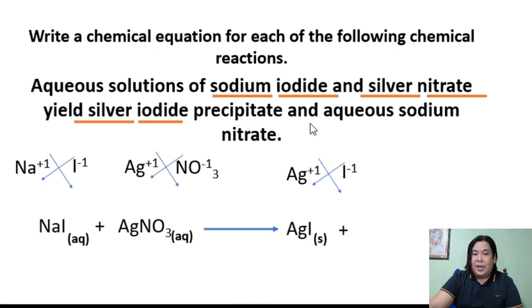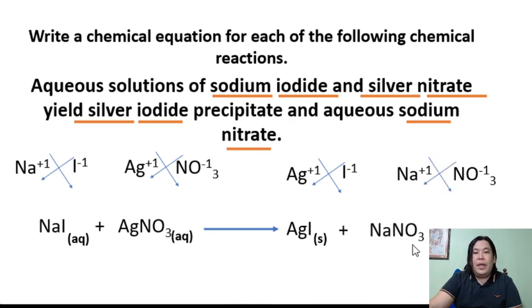Plus, kasi may nakalagay and, aqueous sodium nitrate. So, the symbol for sodium is Na+1, and nitrate is NO3-1, crisscross, and then you will get the final formula of NaNO3. Okay, that is in aqueous solution. So this is the word equation converted to formula equation.